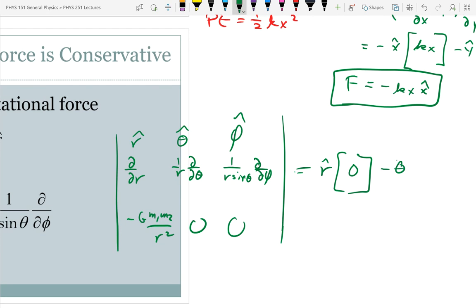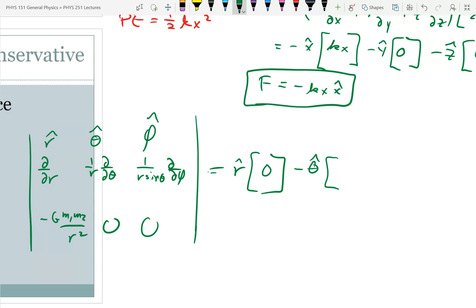When I do the theta hat part, it's going to be times 0 because I'm going to have only r as my variable in the first column, but I'm only taking derivatives in theta and phi. I'm going to have for theta hat, I'm going to be taking derivatives with respect to phi of 1 over r squared, and with respect to r of 0.